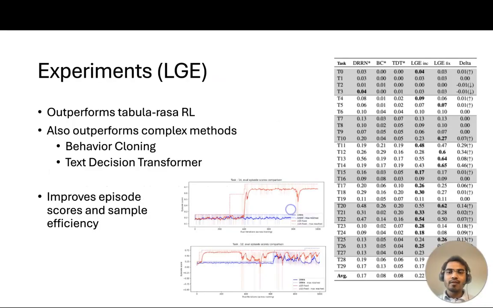So when we train the explorer along with our guide, our language guided exploration framework outperforms all the other complex methods like behavioral cloning, text decision transformer, and also DRRN. We see that it not only improves the episode scores, but in the cases where its episode scores are comparable to DRRN, it has better sample efficiency.